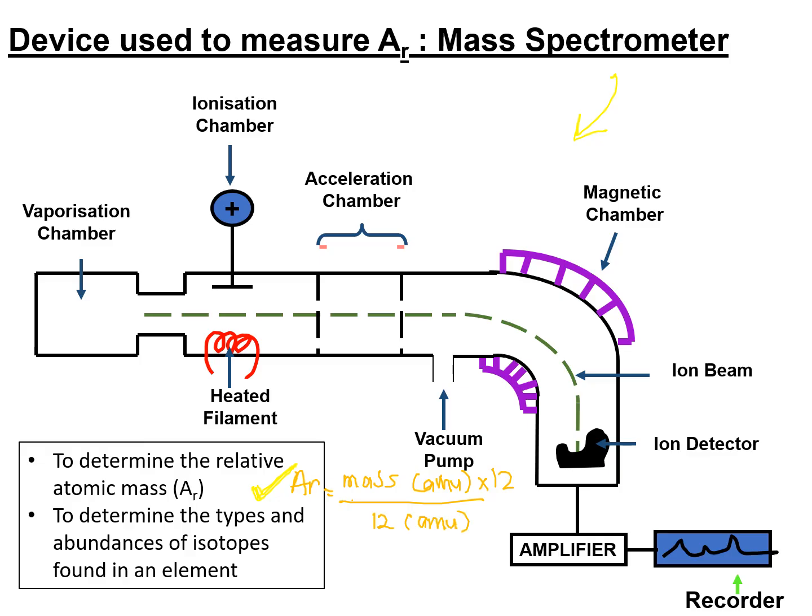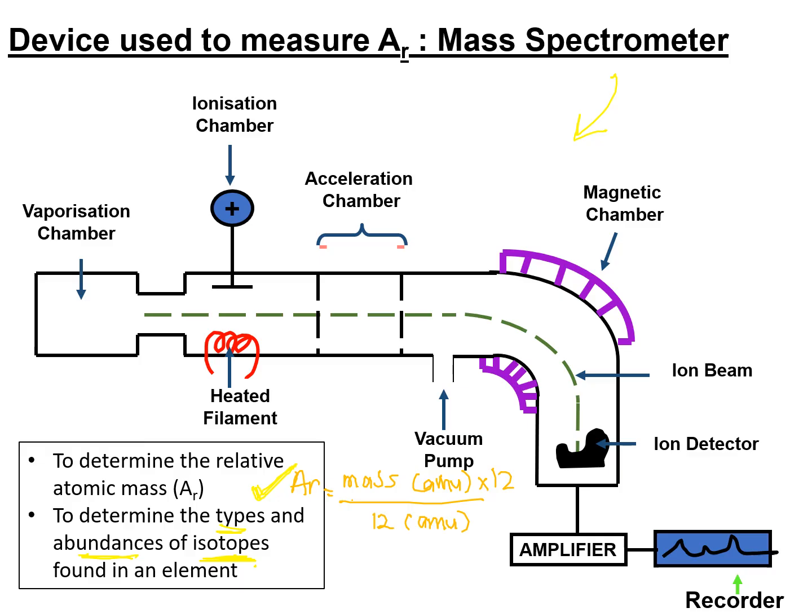Right. Okay. And then next, we can determine the types and abundances of isotopes found in an element. That's why we also have to learn about isotopes. So this is how a mass spectrometer works.